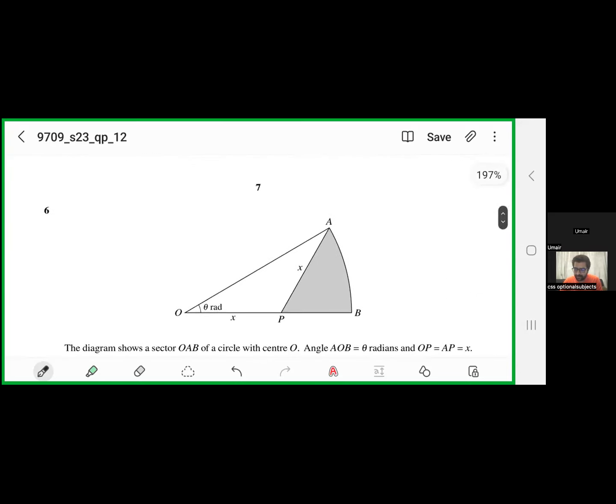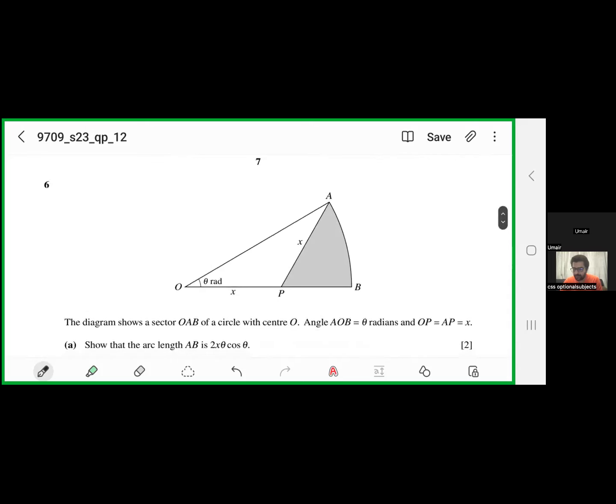The next one is question number 6. And they say that the diagram shows a sector OAB. This is a sector of a circle with center O. Angle AOB is theta. OP is equal to AP.